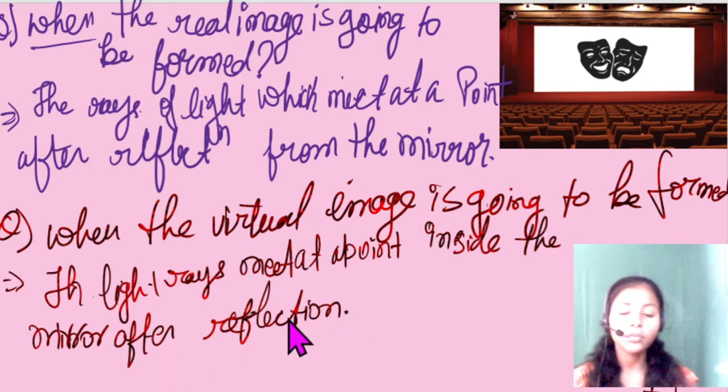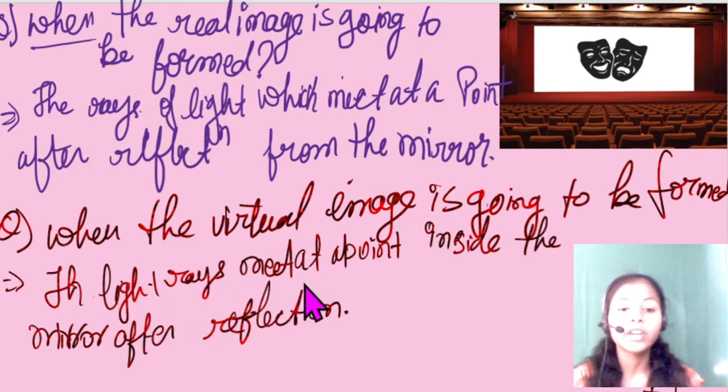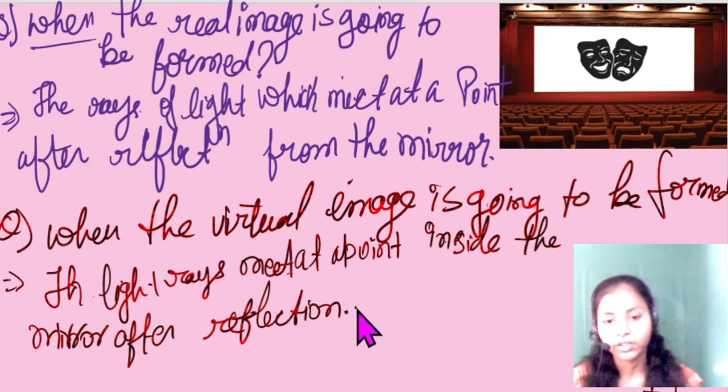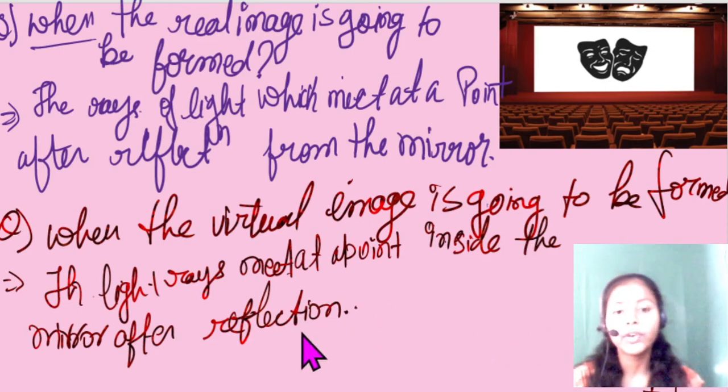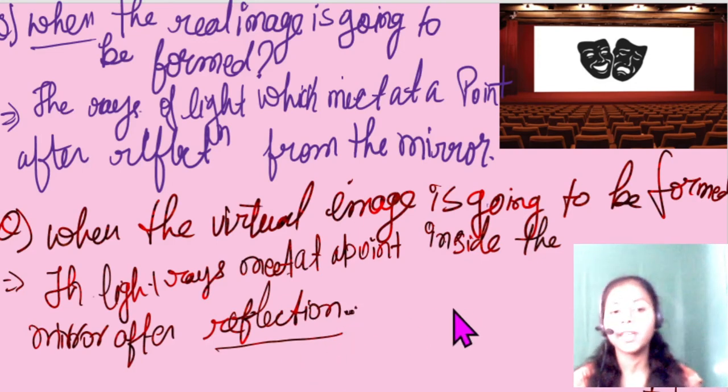So we get to understand what happens. The light rays meet at a point inside the mirror after reflection, so this is called a virtual image. We will tell that there is the formation of a virtual image. This is all about the real image and the virtual image.